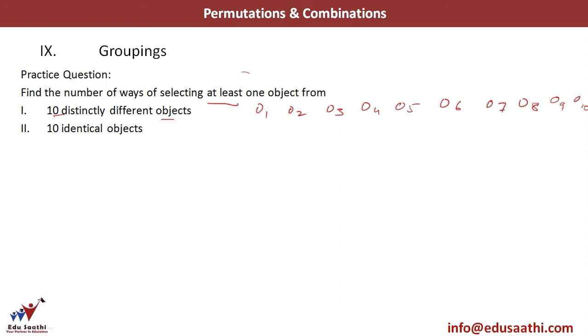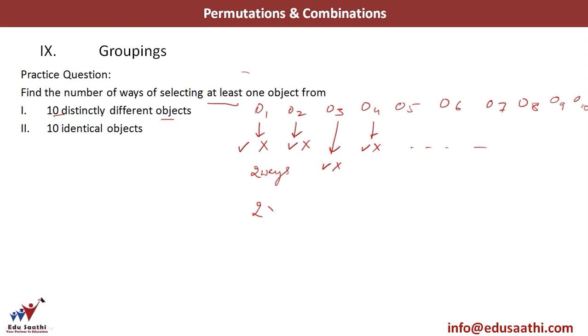What are the ways I can deal with object 1? Either I will select this object or I will not select it. So I can deal with this object in just two ways. Similarly for the second object, either I'll select it or I'll reject it. Similarly for the third, and the fourth, and so on. So with each object I can deal in two ways.